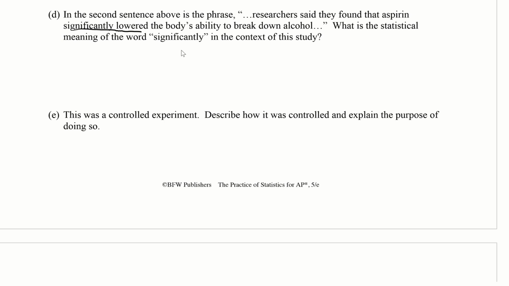That's the meaning you want to make sure you put in your explanation, that the difference couldn't have just been due to chance alone.